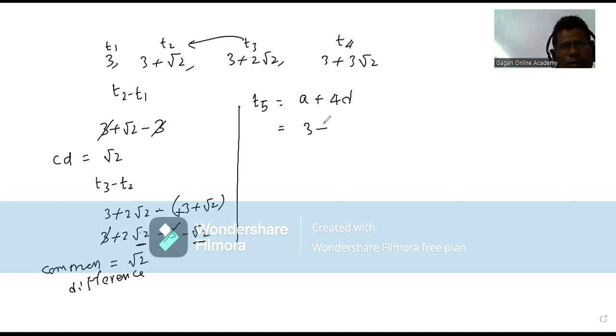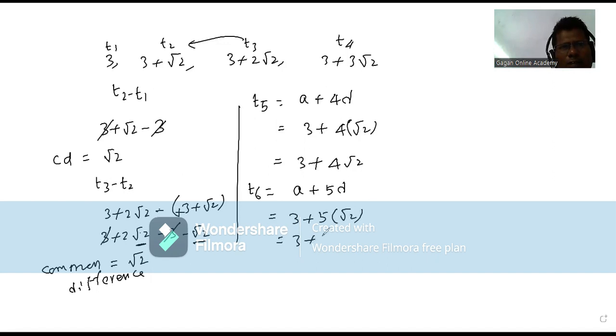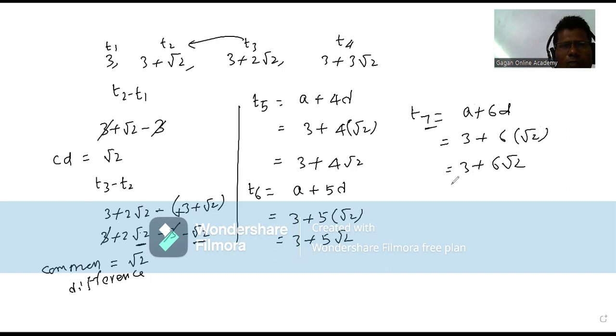A is 3, plus 4 times D, where the common difference D is root 2. So 3 plus 4 root 2. Next, the sixth term is A plus 5D: 3 plus 5 root 2. Next, the seventh term T7 is A plus (n minus 1)d, that is 6d: 3 plus 6 root 2. So we got 3 terms, T5, T6, T7.